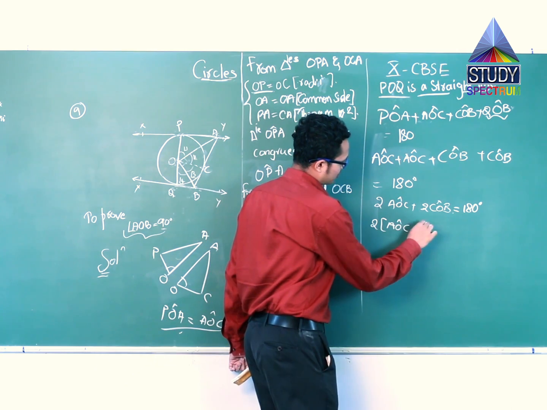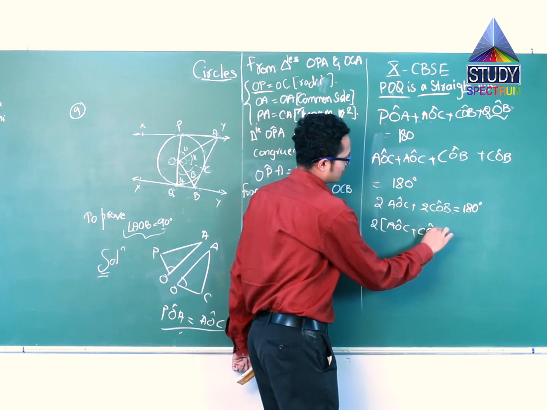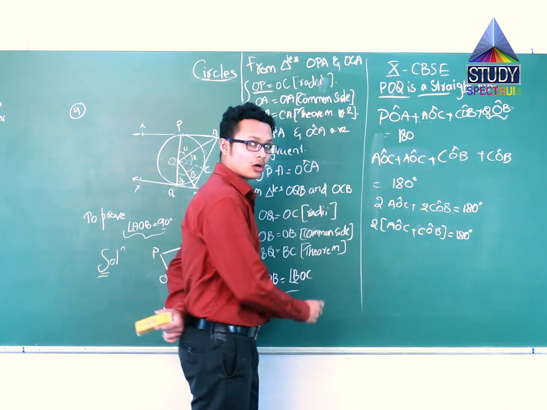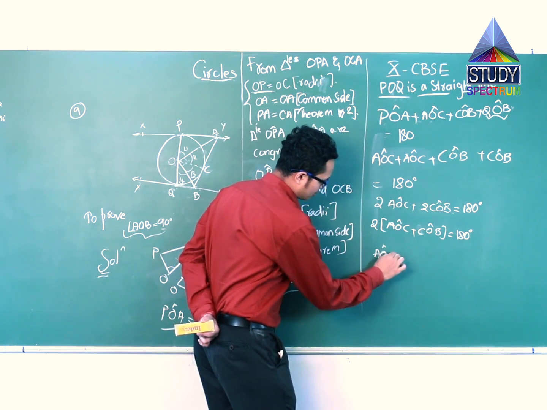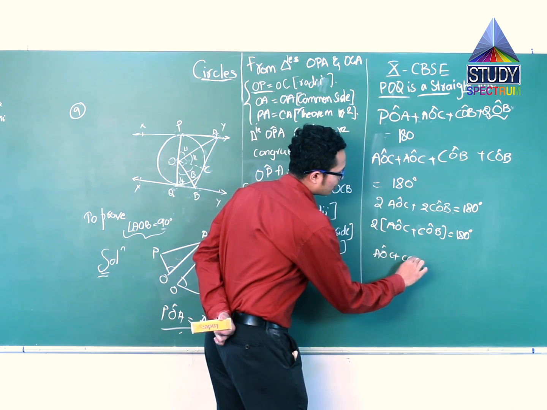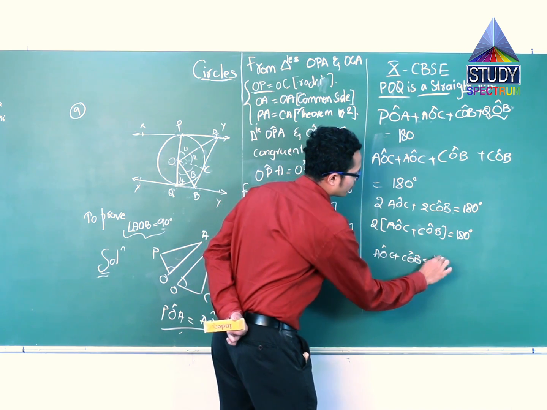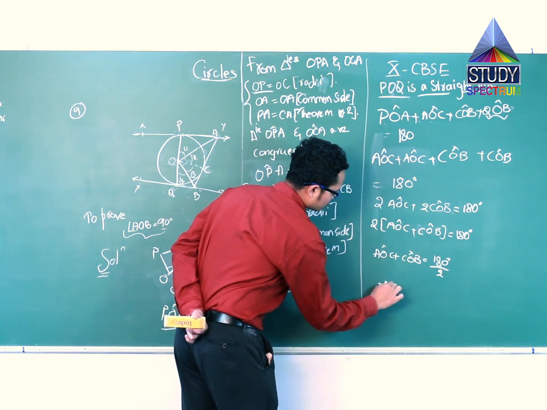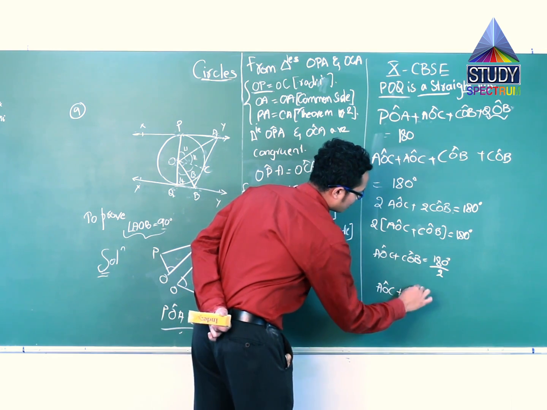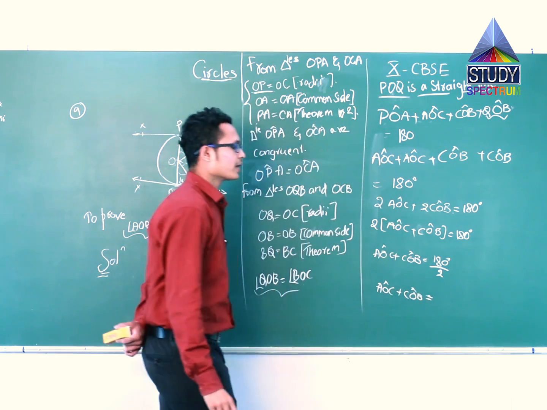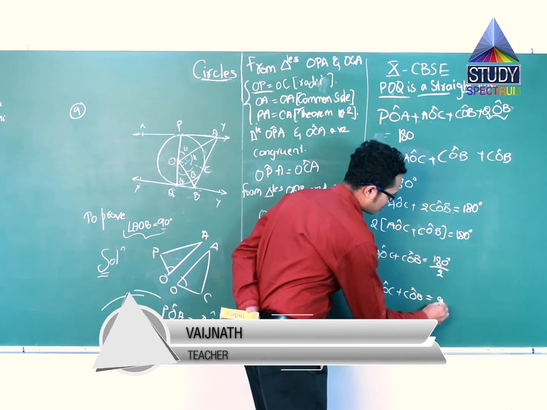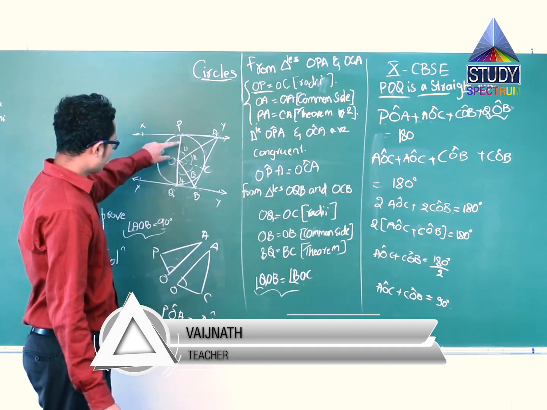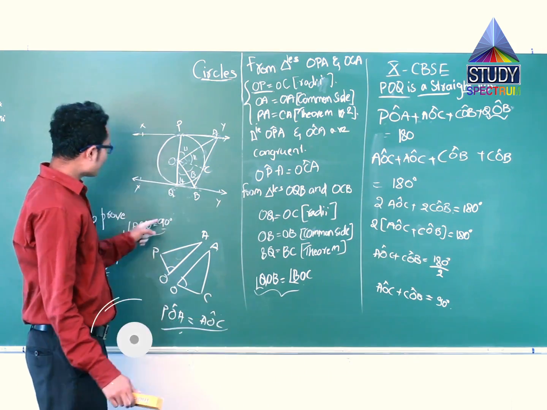AOC plus angle COB is equal to 180 divided by 2, or angle AOC plus angle COB is equal to half of 180, which is 90 degrees. But this is not the proof yet. What did we have to prove? We had to prove which angle is equal to 90 degrees? Angle AOB is 90 degrees.